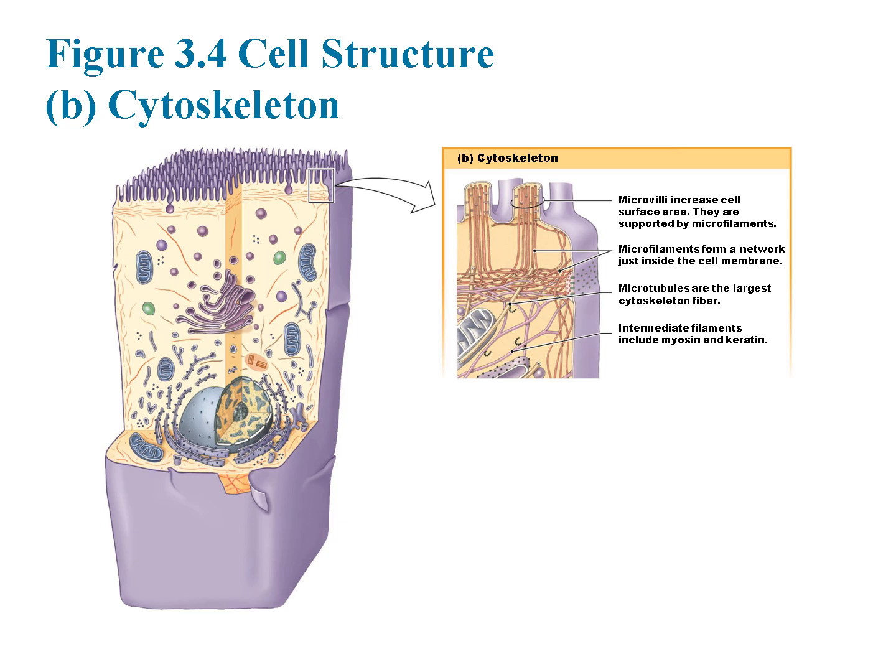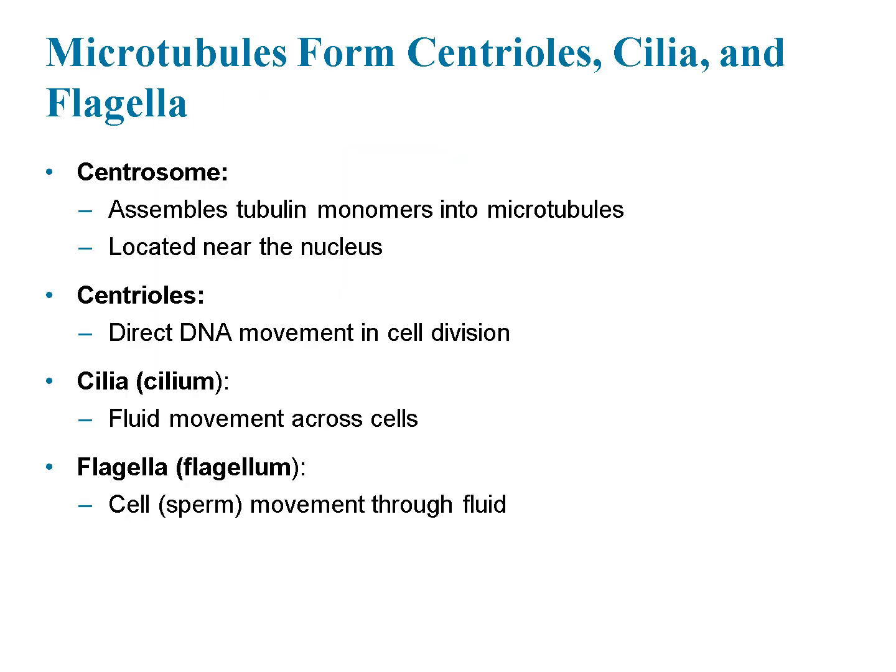And finally, we have the microtubules, the largest of the cytoskeleton fibers. These are not only responsible for maintaining the cell's shape, but also serve as tracks for intracellular transport and are crucial during cell division.